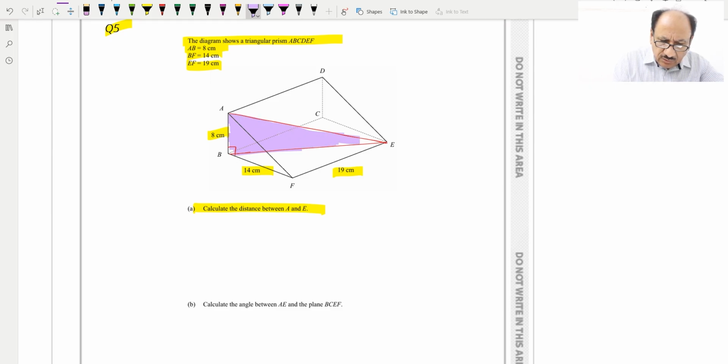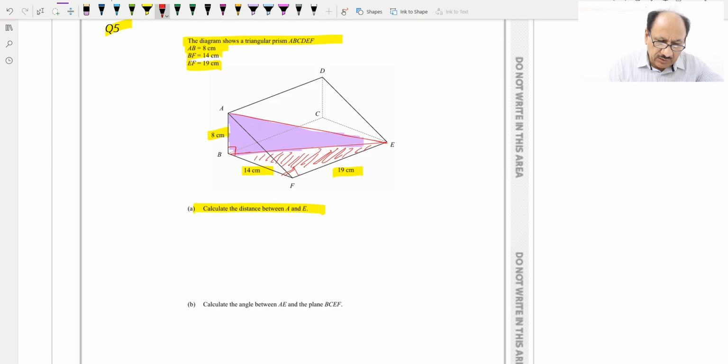First our target is this triangle, but first we have to consider this triangle to find BE. First we need BE, and keep in mind this is also a right angle triangle.